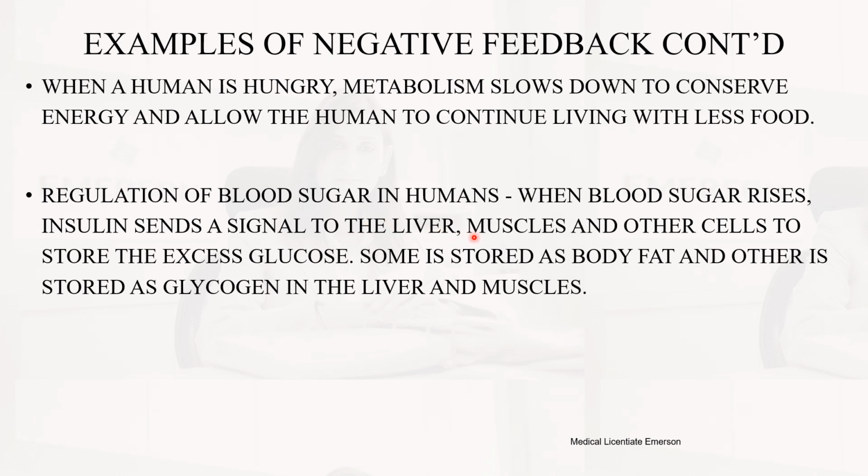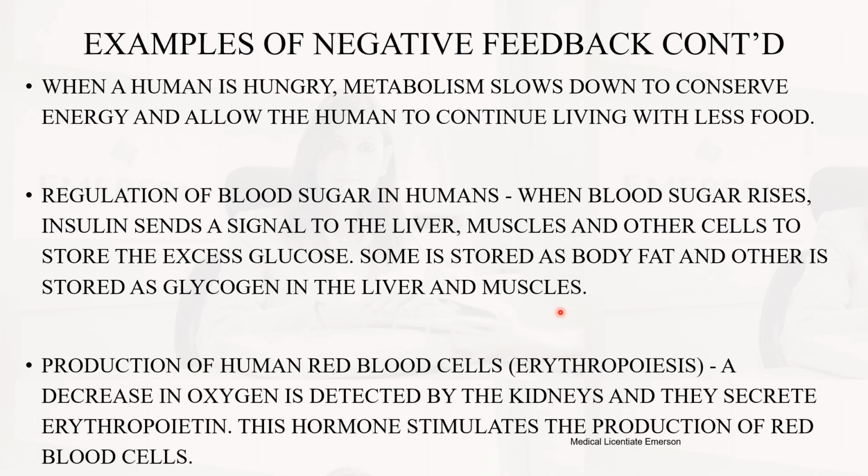Insulin binds to the liver cells, the hepatocytes, and of course can go to the adipocytes, the muscles, and other cells to store the excess glucose. Some is stored as body fat and the other is stored as glycogen in the liver and the muscles. So that's one way when blood sugar rises. Then of course when it's low, it still falls under negative feedback.